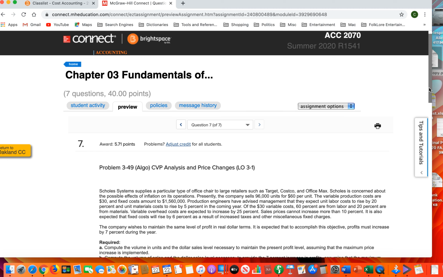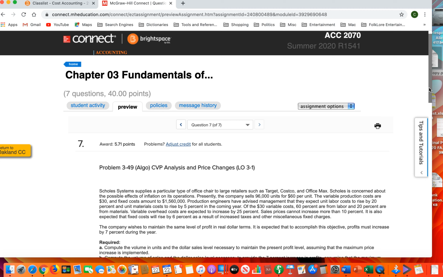Well, the new price, don't forget, contribution margin is sales minus variable cost. If the new sale price is $66 and the new variable cost is $35.40, what we figured out with these increases, then the new contribution margin per unit is $30.60.